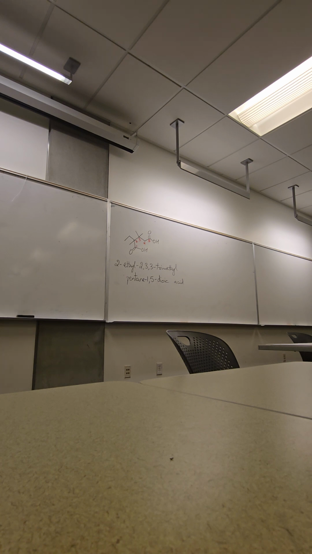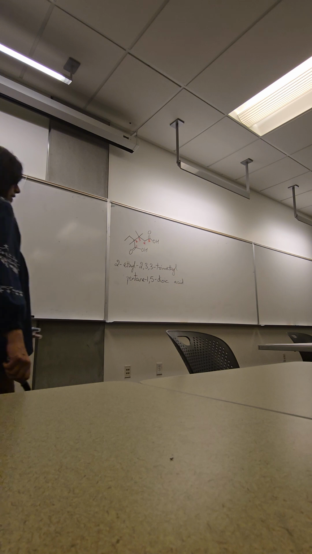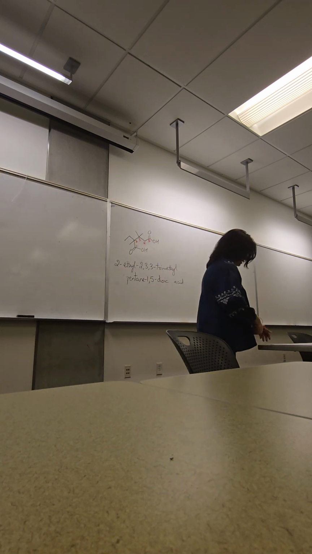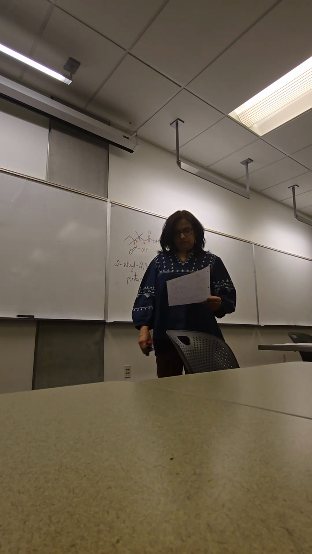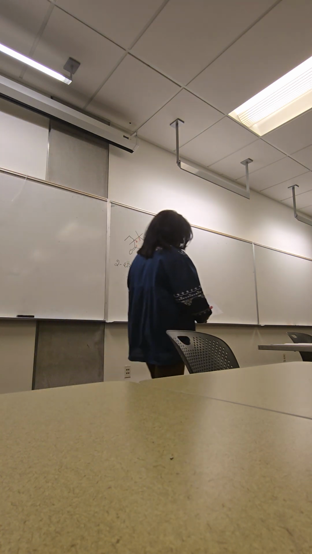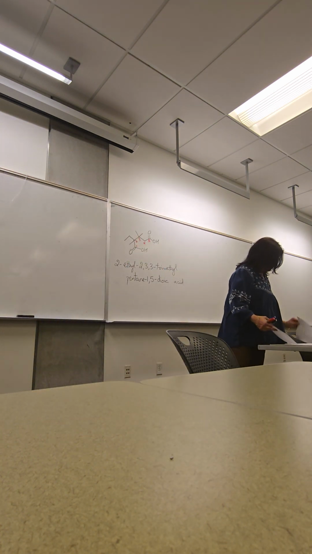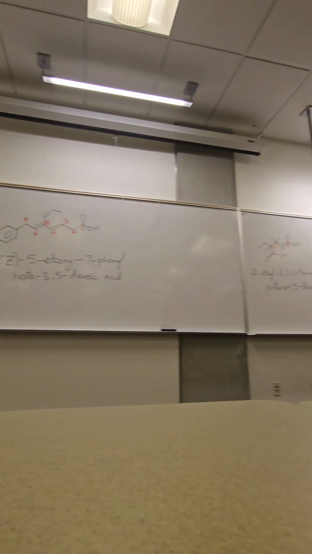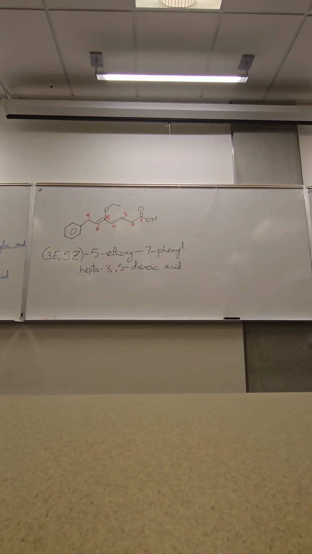Okay, quickly, let's draw the structures of some names that are given on that. Please go ahead. 2,4-dichlorocyclobutane carboxylic acid. Okay. 2, 4.